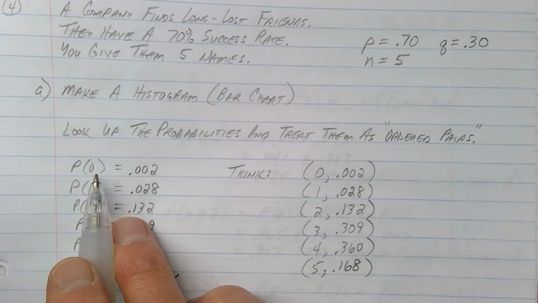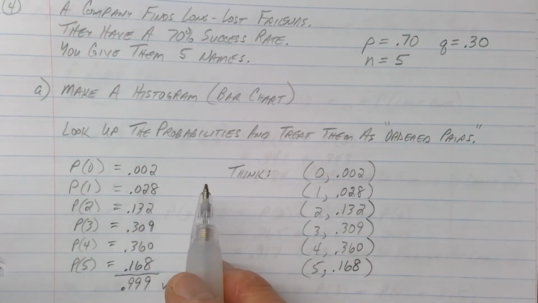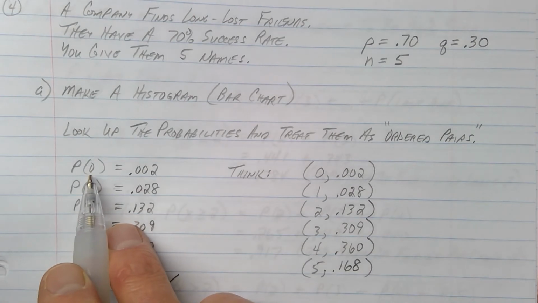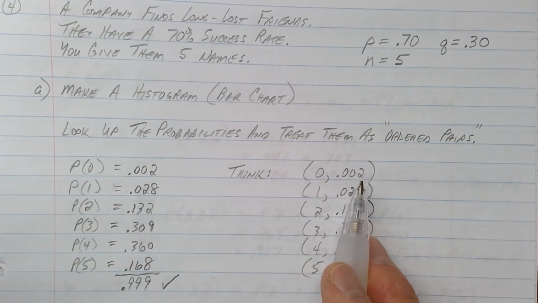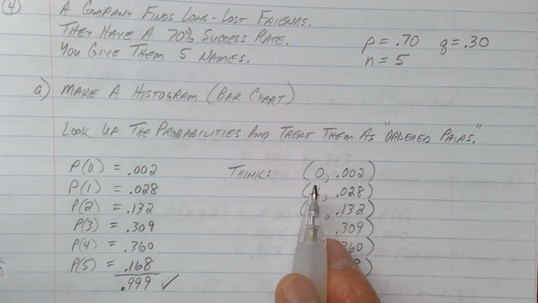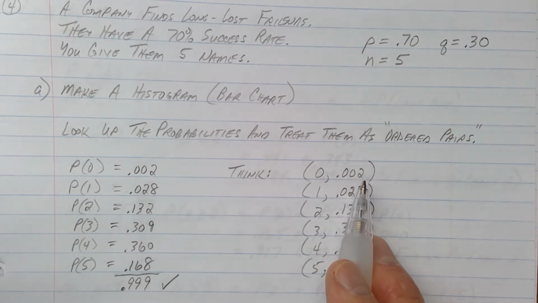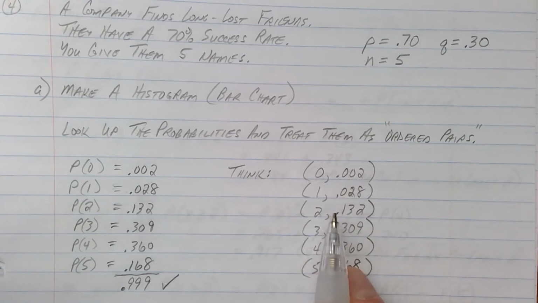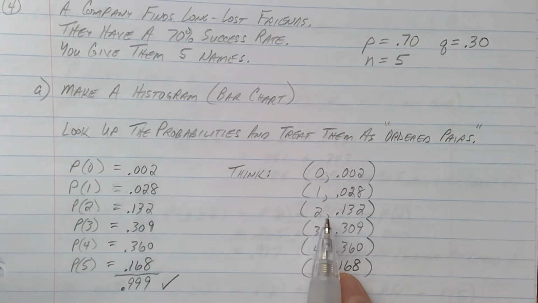So look at this and think of these as ordered pairs when you're trying to figure out which histogram is which. This is x, this is y. Think of it that way. So when you're looking at the histogram or the bar chart, this bar that's labeled 0 should be this tall. Should be like 2 steps tall if I ignore the decimal. This bar that's labeled 1 should be 28 steps tall, and this bar should be 132 steps tall.